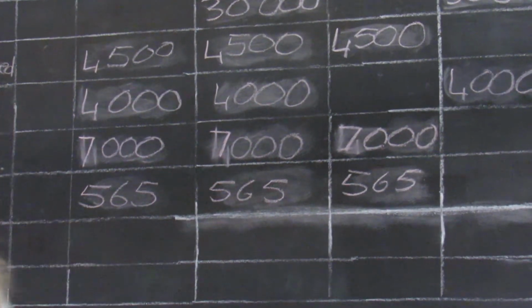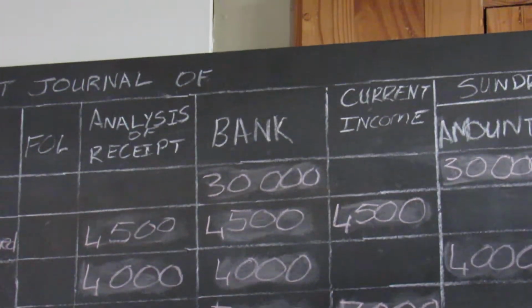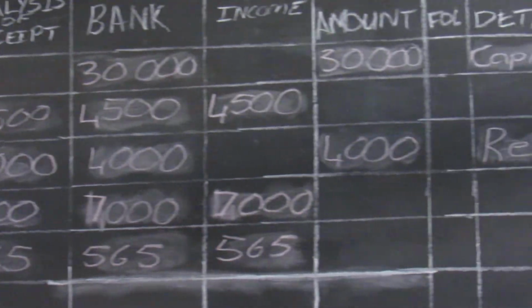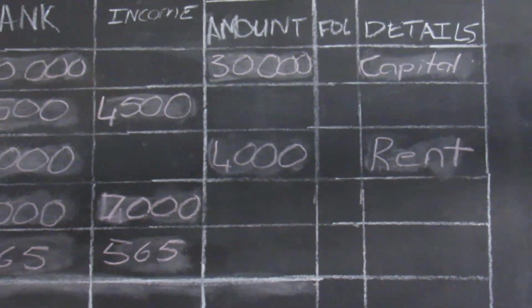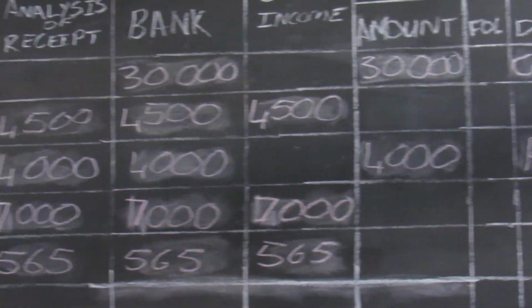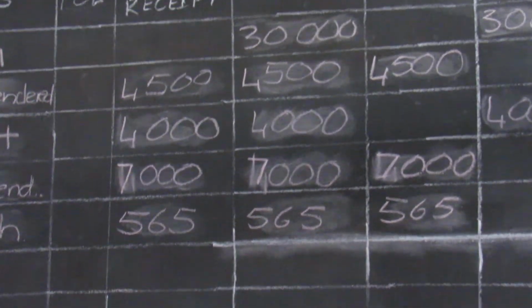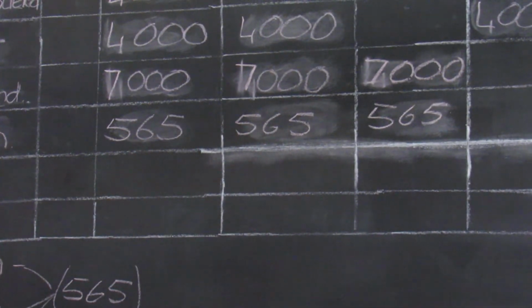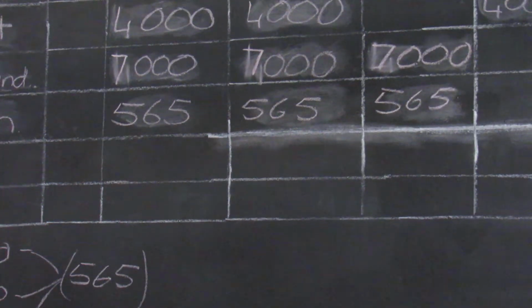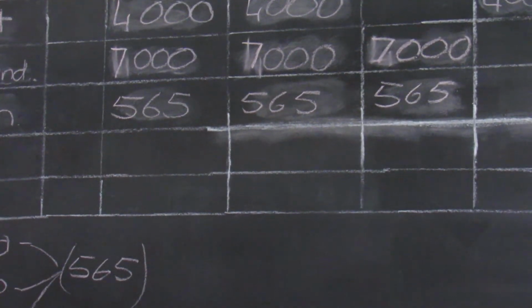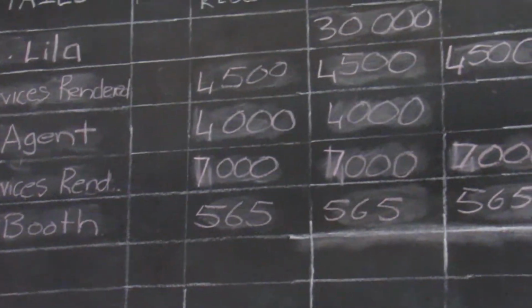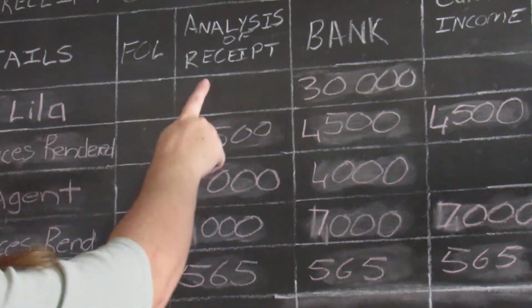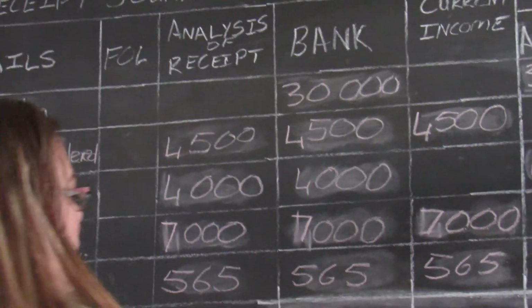Now once we've got all the transactions, we have to add up the totals to actually close off the account. They don't always ask you to close off the account, but it is better to always close it off so that you've got the totals for each column. Now, analysis of receipts we do not add up.